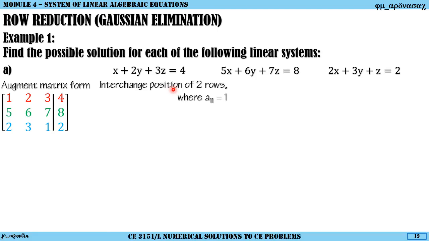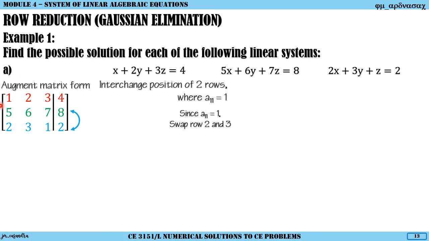we swap or interchange two rows, wherein we'll have A11 equivalent to 1. And since A11 here is already equal to 1, we can now interchange row 2 and row 3 instead.